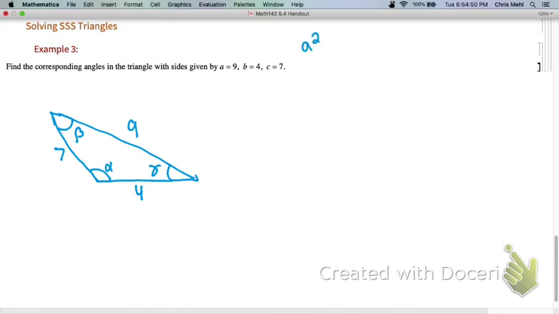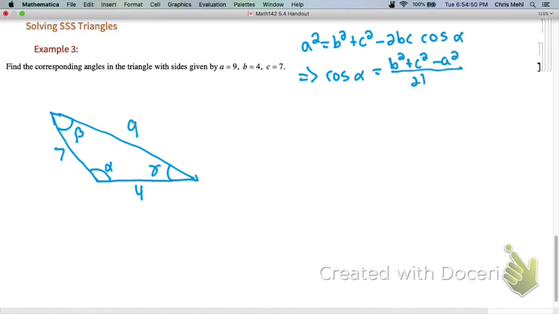So remember, a squared is b squared plus c squared minus 2bc cosine alpha. Solving for cosine alpha, you get b squared plus c squared minus a squared over 2bc.